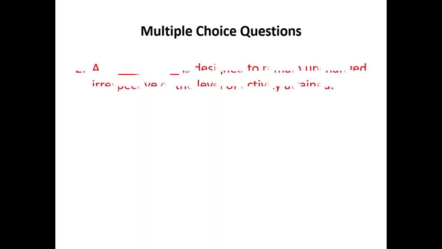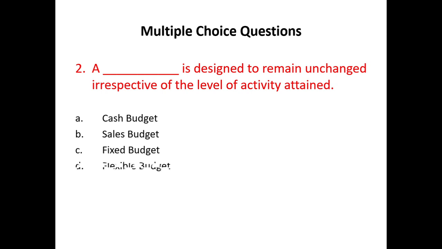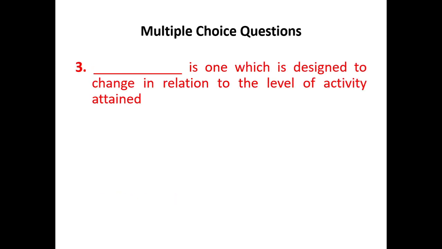Next, second question. A dash is designed to remain unchanged irrespective of the level of activity attained. Options are cash budget, sales budget, fixed budget, flexible budget. The right answer is fixed budget.